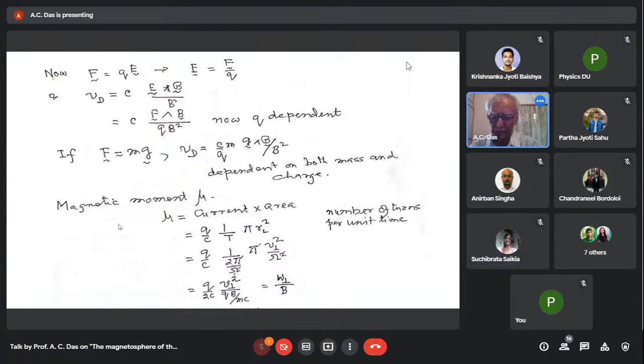This structure of the magnetic field was very important, even for the confinement of plasma in the mirror machine towards fusion. Initially it was tried with the mirror machine.